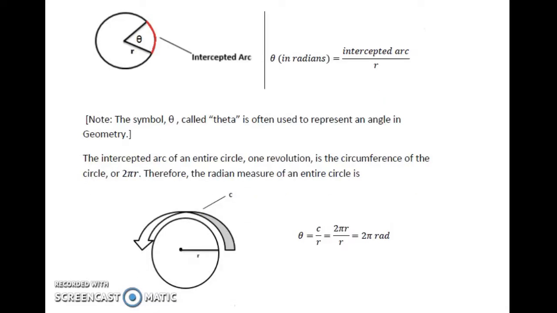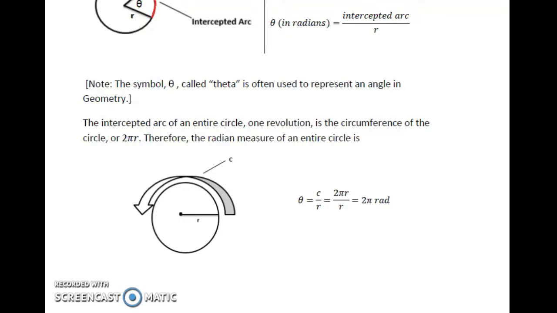The intercepted arc of an entire circle, which is one revolution around the circle, is the circumference of the circle. So if the angle goes all the way around, then the intercepted arc is the circumference of the circle, or 2 pi r. Therefore, the radian measure of the entire circle would be the ratio of the intercepted arc, which is the circumference, over the radius of the circle.